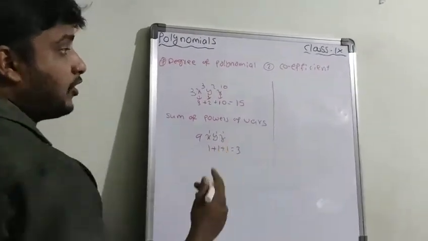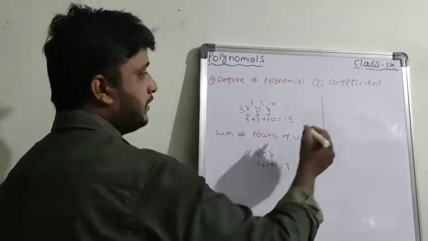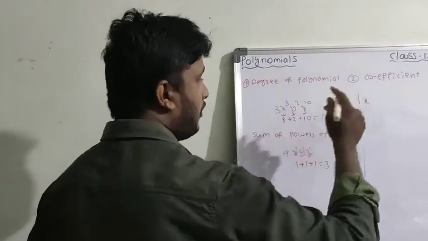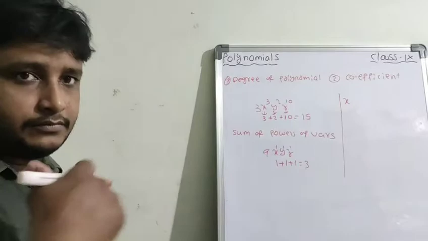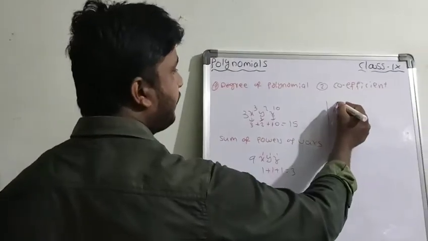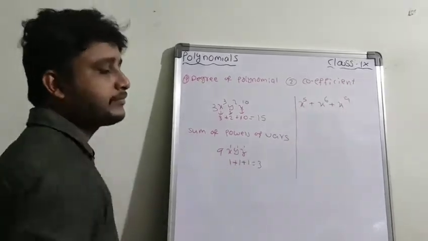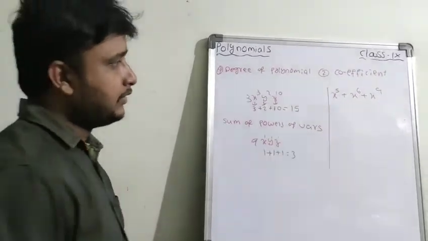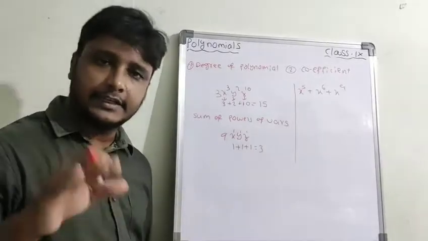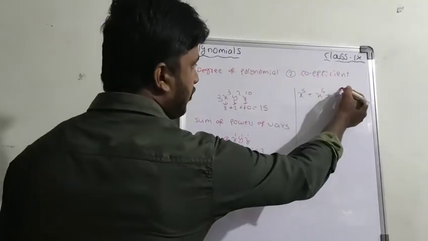So this is a single term. Say for example, if different terms are there, find the degree of x power 5 plus x power 6 plus x power 9. Here, this is an algebraic expression, but still it is a polynomial. Why? Because the powers of the variables are non-negative integers.